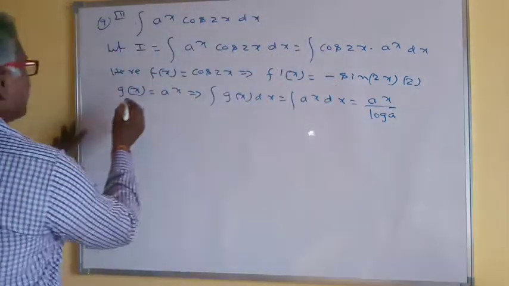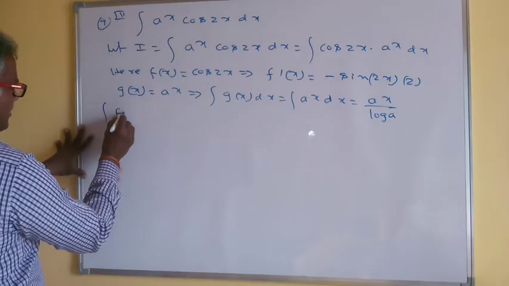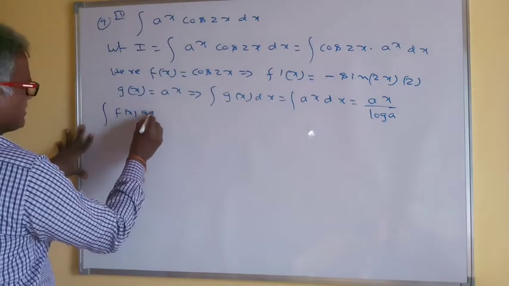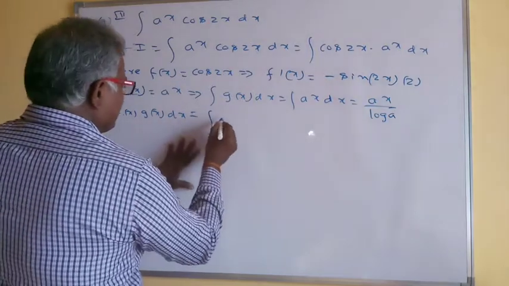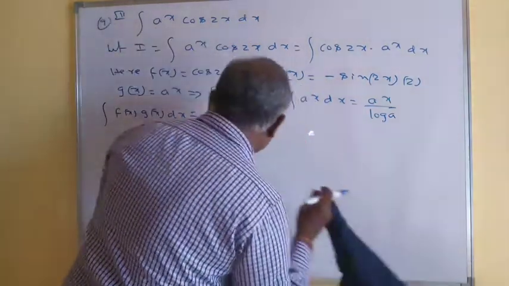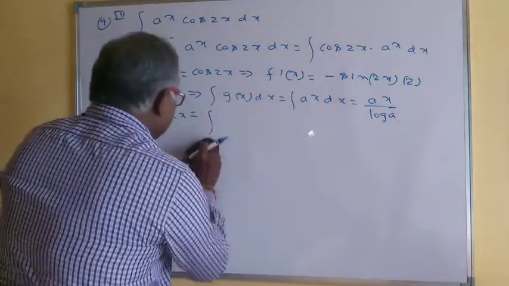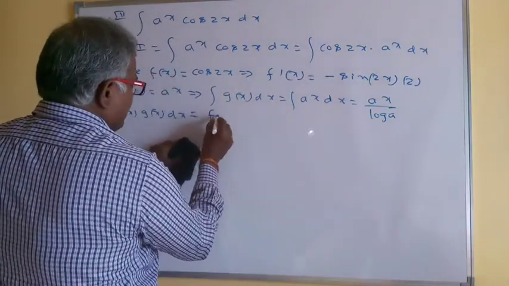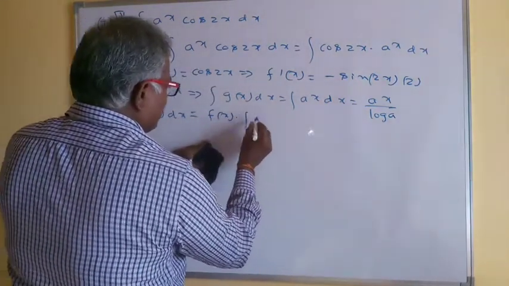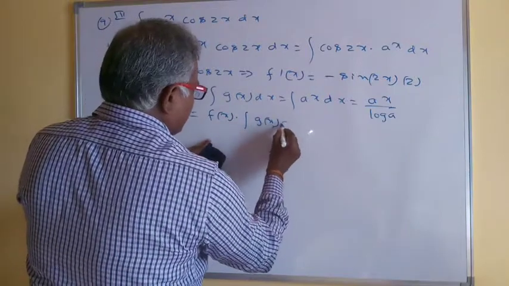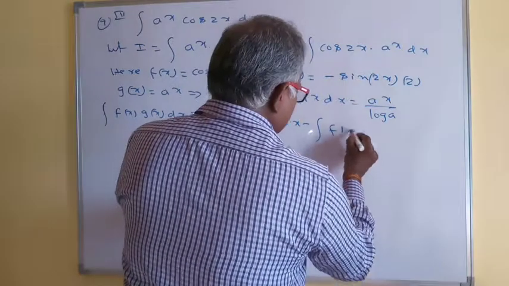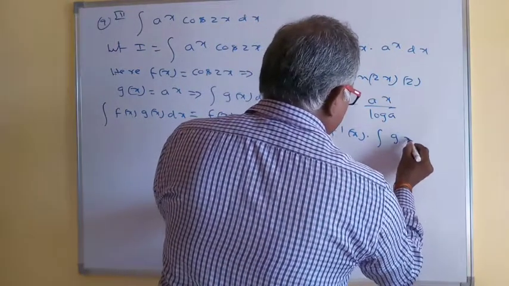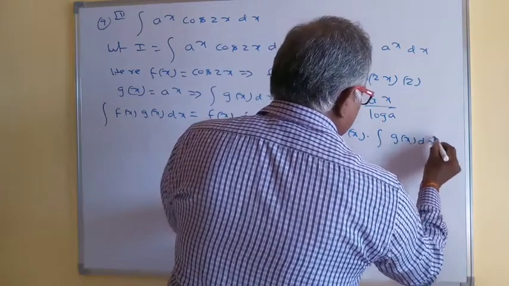Now write down the formula. Integral f of x g of x dx is equal to first function into integral of second function, minus integral of derivative of first function into integral of second function.